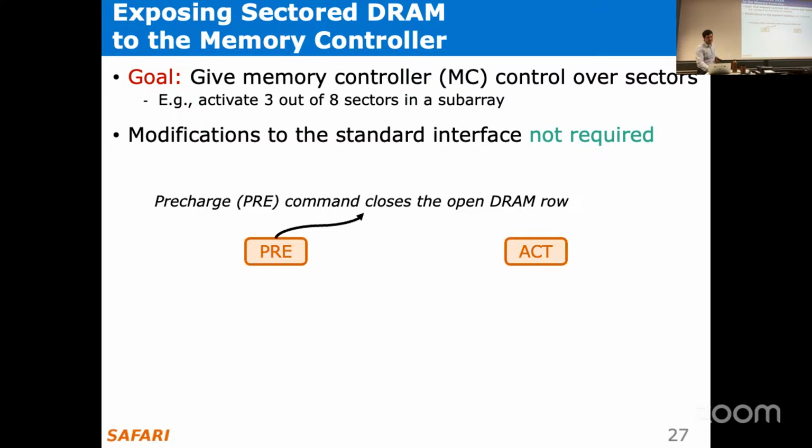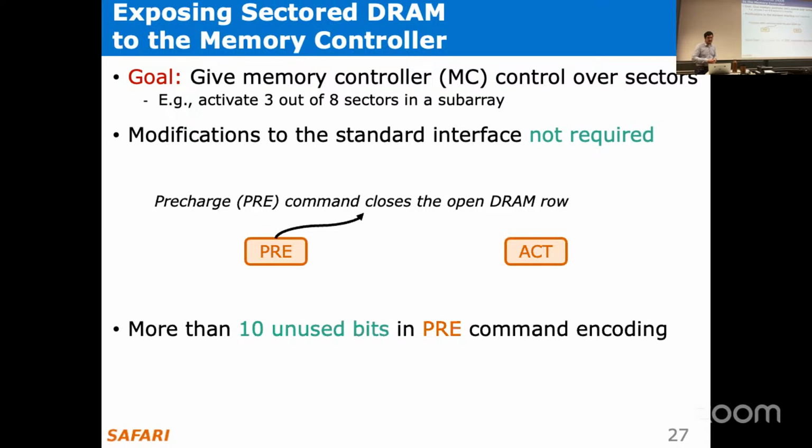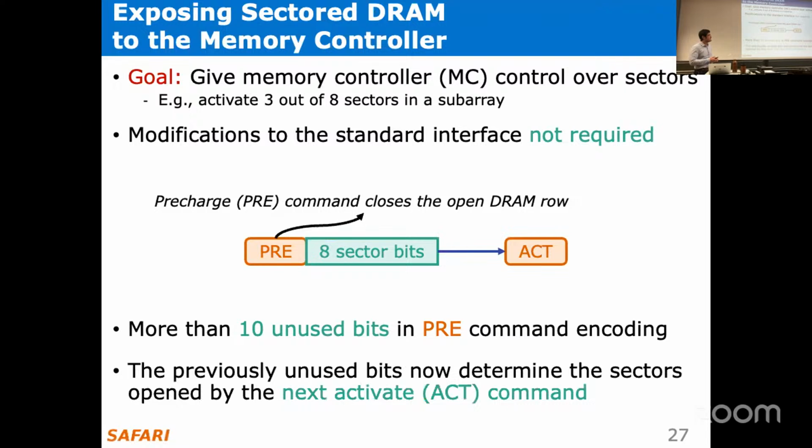And the pre-charge command will typically be followed by another activate command, right? We see that there are more than 10 unused bits in the pre-charge command's encoding in the JEDEC DDR4 standard. We use 8 of these unused bits to determine the sectors that the next activate command will open. So before you send the activate command, actually, you transmit the sector bits.